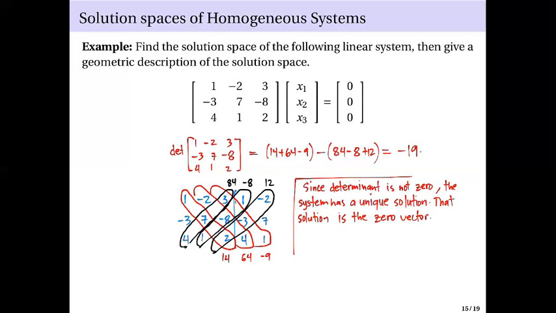So the solution space contains the point. The solution space is the zero vector space. So this is just 0, 0, 0. Okay?